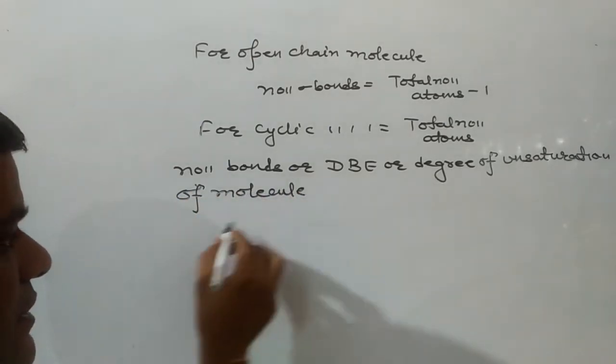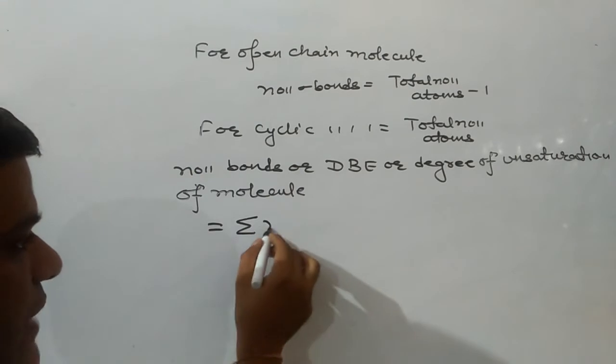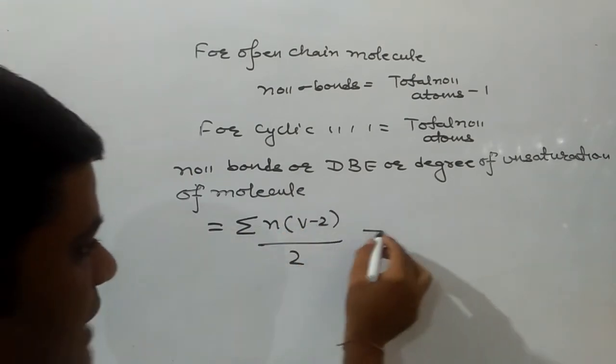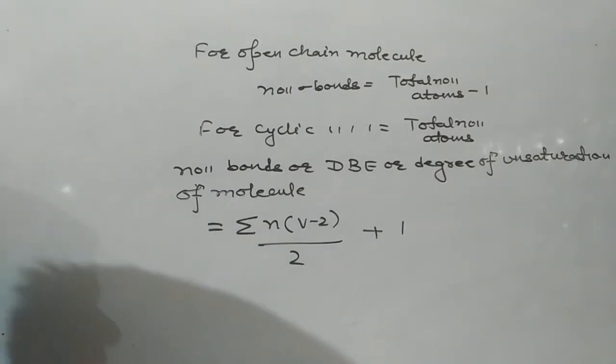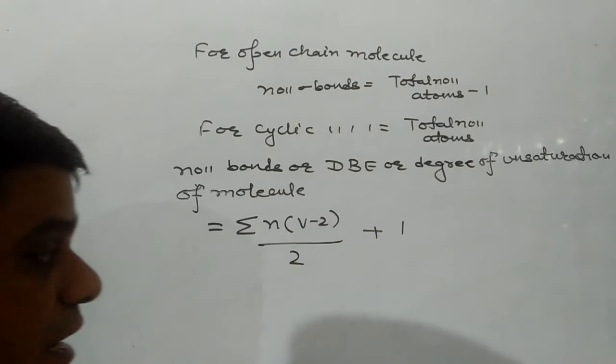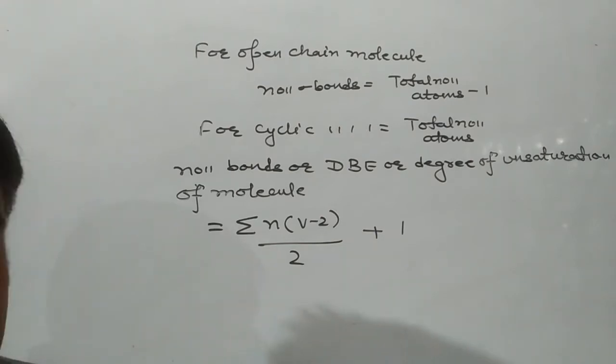In this case, the formula applied will be summation of n into (V minus 2) over 2, plus 1, where n is the number of atoms of one element, V is its valency, and the others are constants.